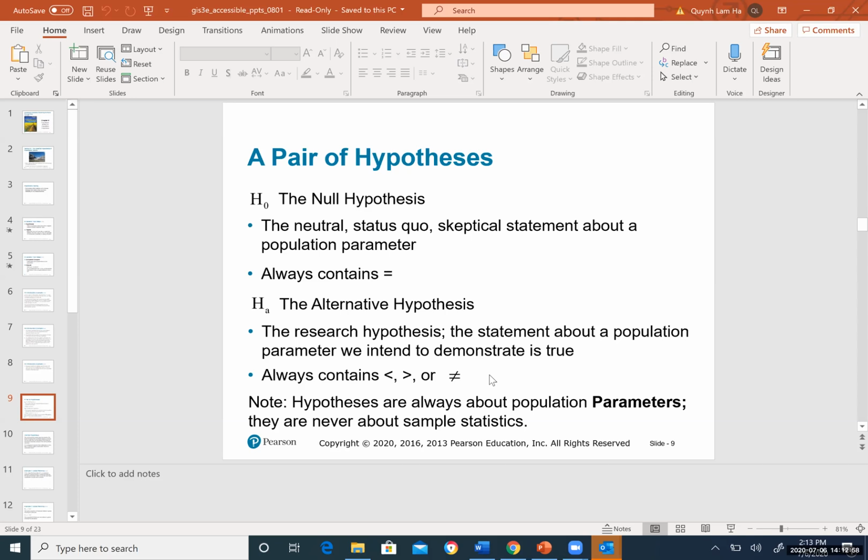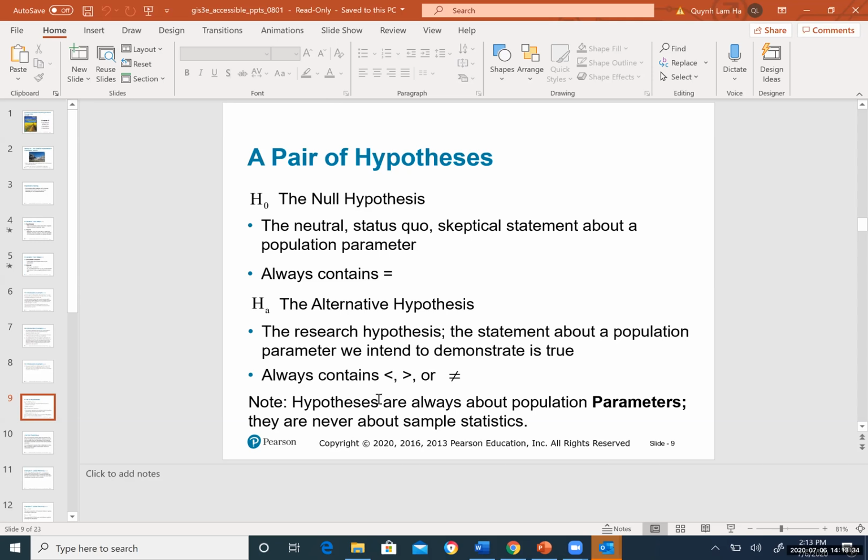But for some famous keywords in the alternate hypothesis, to identify the left or the right or both sides will be words such as the word longer. Longer represents greater than, shorter represents less than, or different represents not equal to, and stuff like that. So you will see more. And the alternate hypothesis actually is the statement about a population parameter we intend to demonstrate is true.